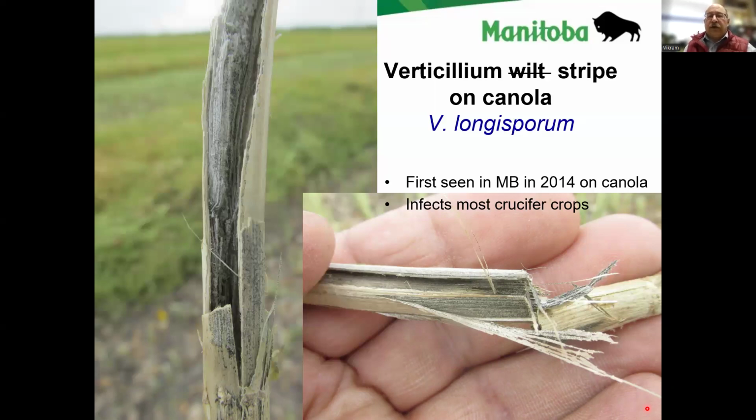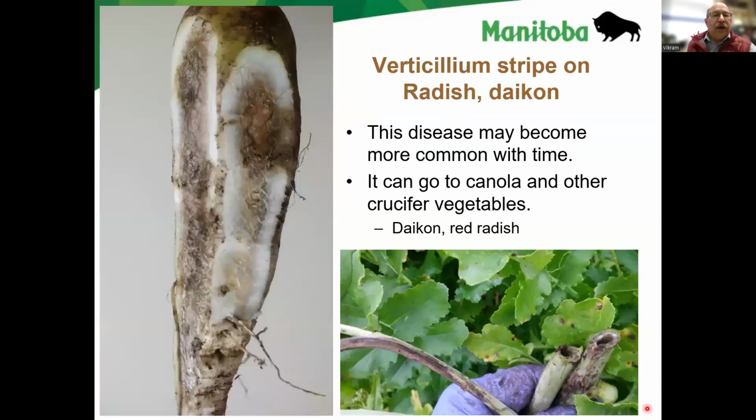It can affect cauliflower, cabbage, and many people grow radishes. And here I have a daikon radish photograph. I couldn't find the photograph for the round red radish, but that has similar blackening inside. And this is basically not a marketable product.